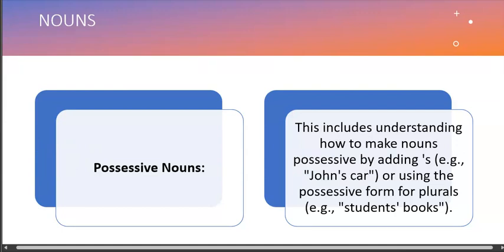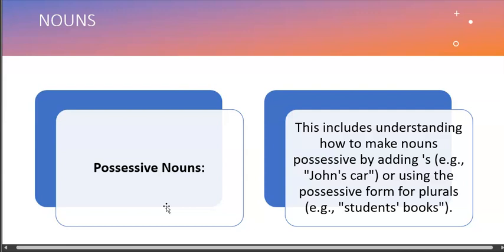So when you talk about the possessive nouns here, we're just talking about nouns that show ownership, okay? So we have nouns that will help us show ownership. So this includes our understanding of how to make nouns possessive by adding, look at this, an apostrophe and an s. So even in our former classes, we've talked about these possessive nouns, okay?